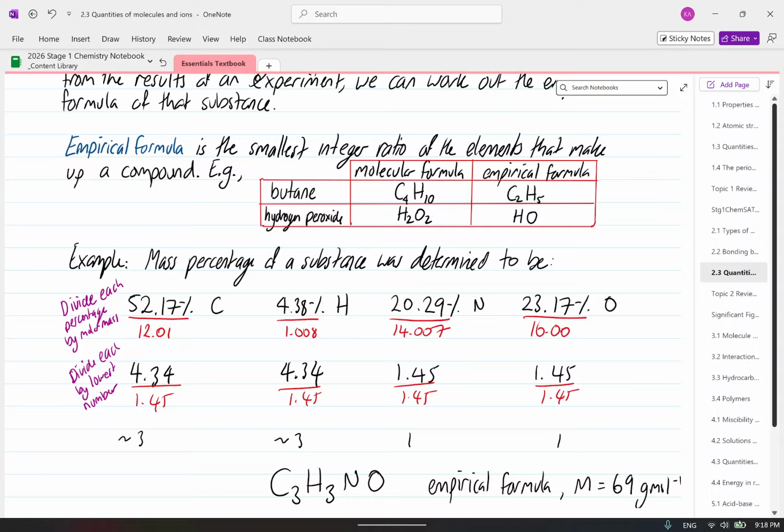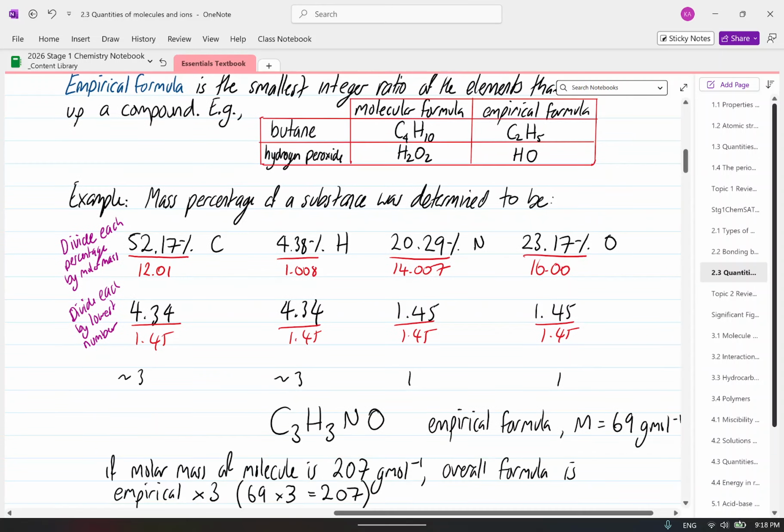So it could be 1. For example, this could actually just be the molecule. It could be twice that, 3 times that, some multiple. So if we look down here, if they've given us a value of 207, we know that 207 is going to be some multiple of our 69.